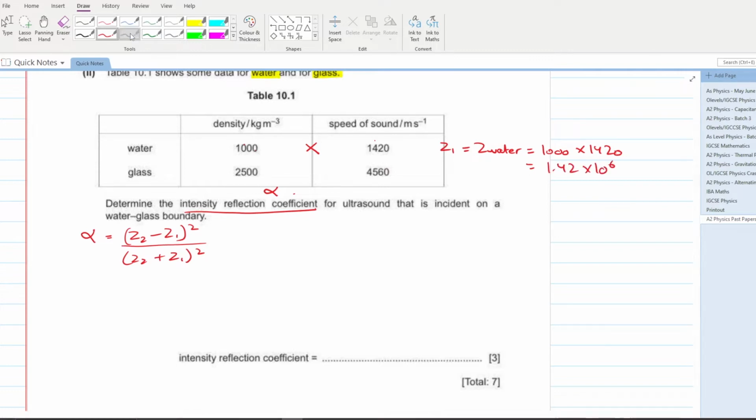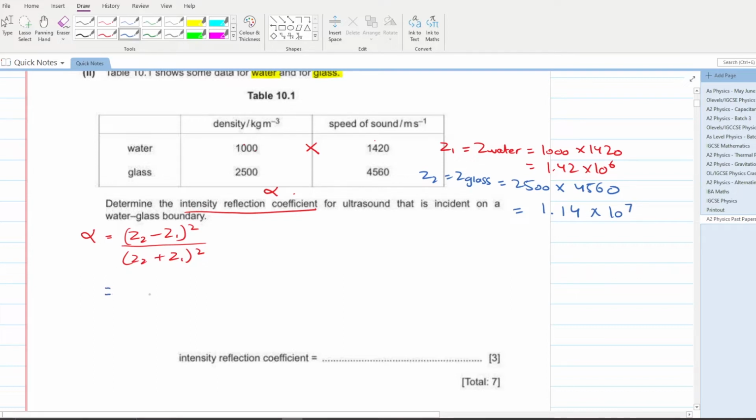What will be your Z of glass? Z2 or Z of glass will be equal to 2500 into 4560. Let's calculate that. This comes out to be 1.14 into 10 raised to the power of 7. So you have Z2, you have Z1.